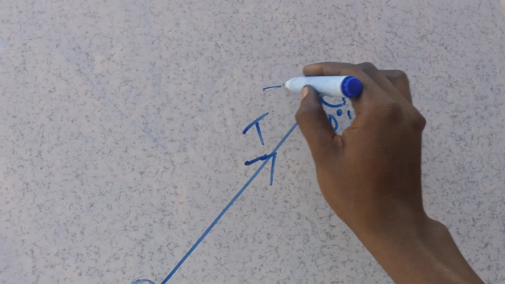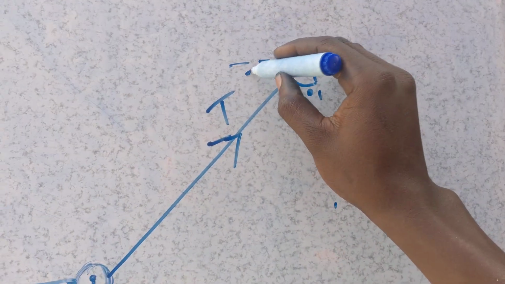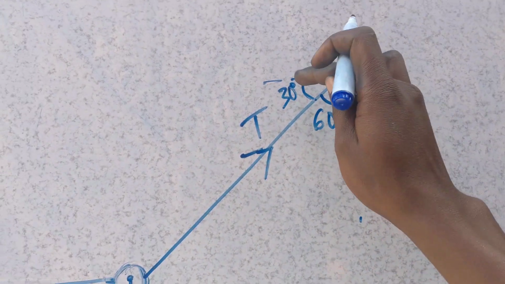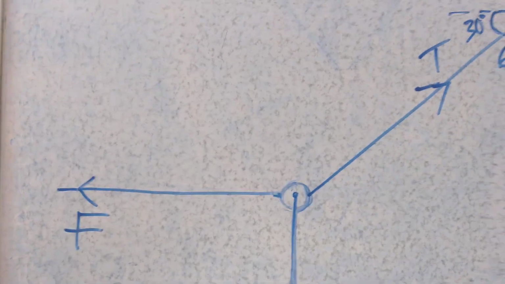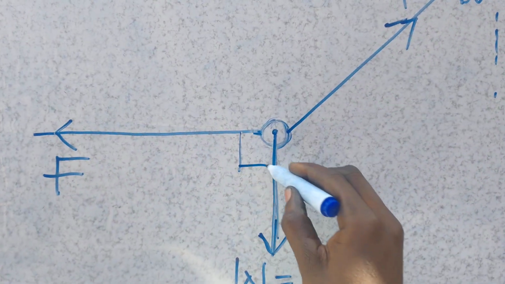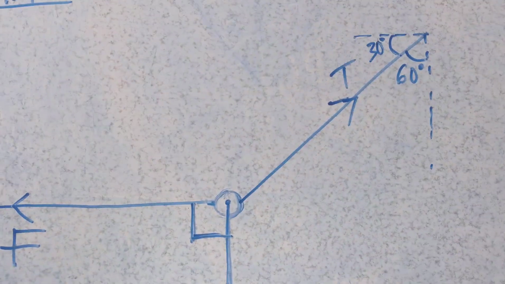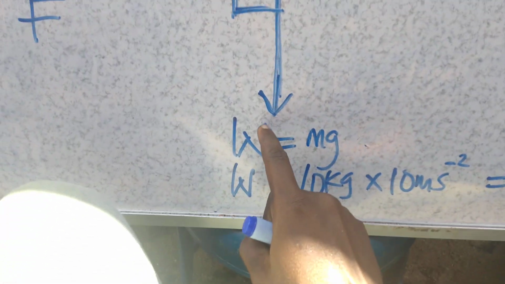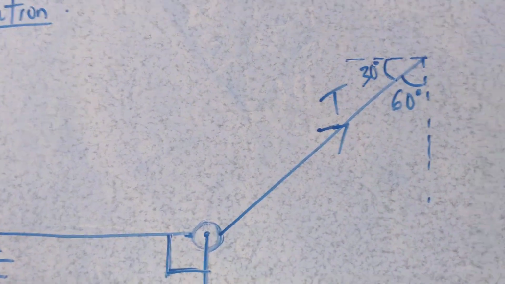It implies that this is 90 minus 60, so this side will be 30 degrees, and at this side we'll be having 90, a right angle. So these are the forces: T, the weight W, which is 100 newton, and this force F. And what we are looking for is the tension in the string.